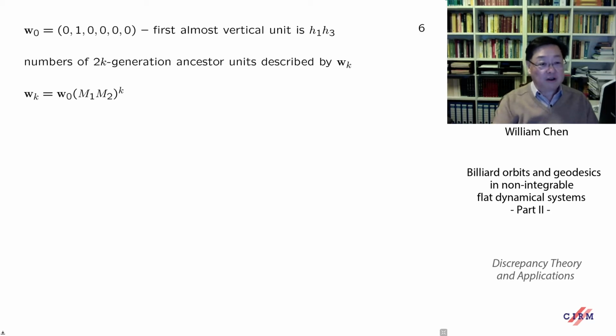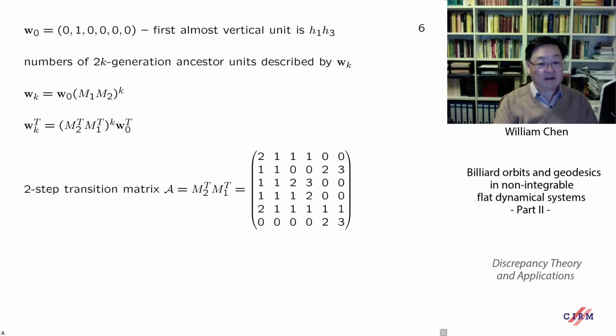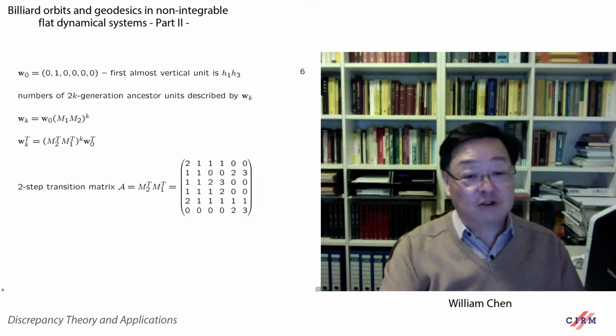If we choose to have these coefficient vectors as column vectors, then we simply take the transpose of everything. Well, this gives rise to a two-step transition matrix, which is M2 transpose, M1 transpose, and in this special case of the L surface, this is the matrix that we're given.